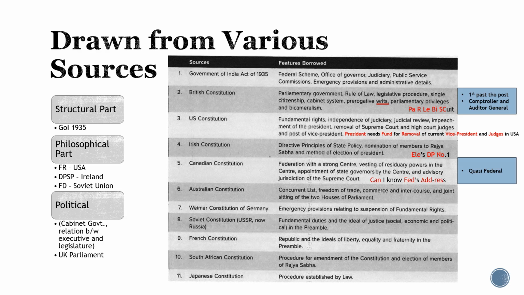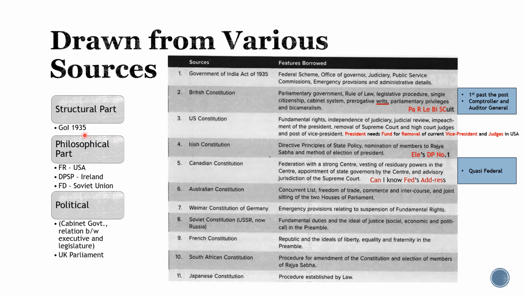An important feature of our constitution is that it is drawn from various sources. So, to give a brief overview, the structural part of the constitution is directly derived from the Government of India Act 1935. It gives the structure to our constitution.